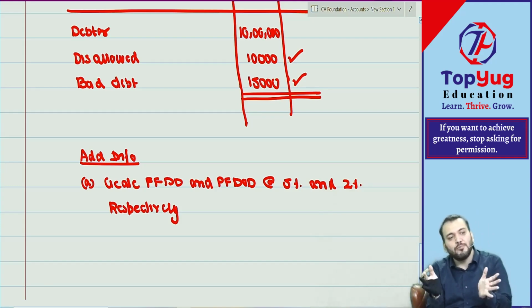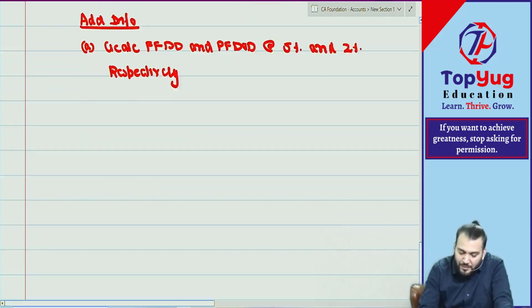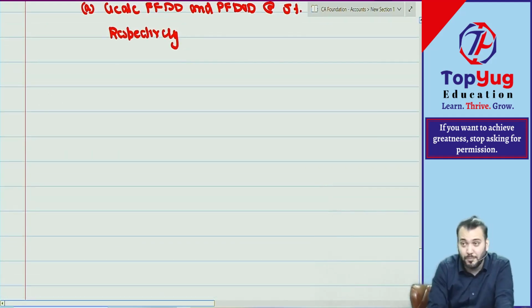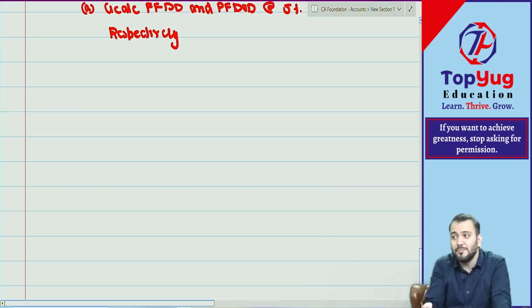So closing debtor is 10 lakh. In exam, if you use this statement, the chance of mistake is very less.